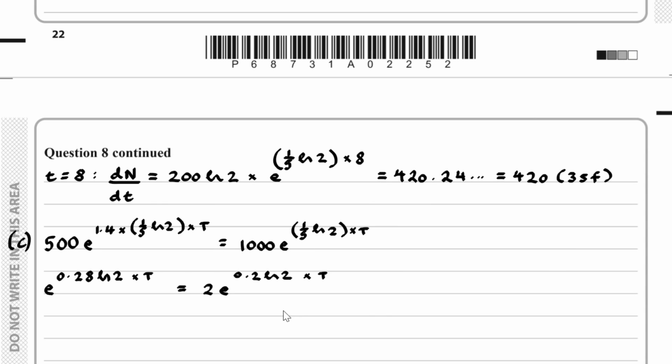So what we need to do is find out what t is.